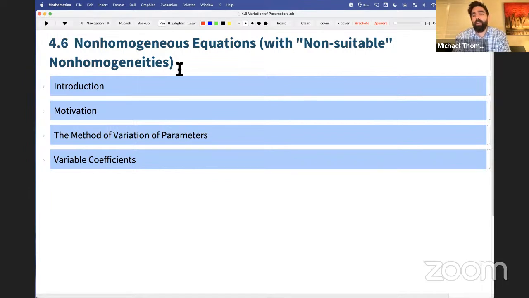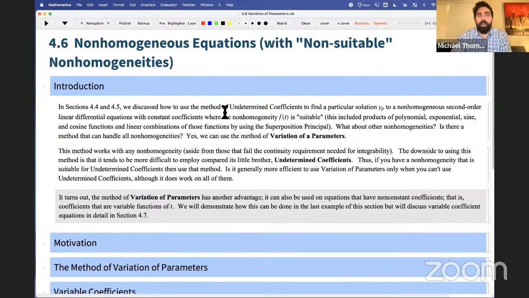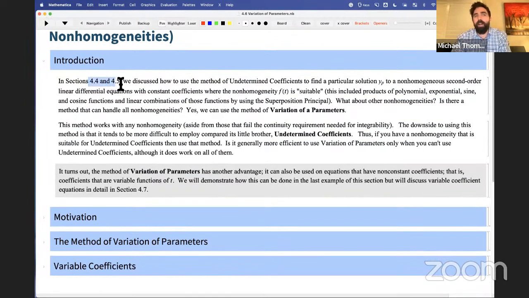Now what we've been doing is relaxing the initial restrictions we put on our equations. In 4.4 and 4.5, we dealt with non-homogeneous equations.